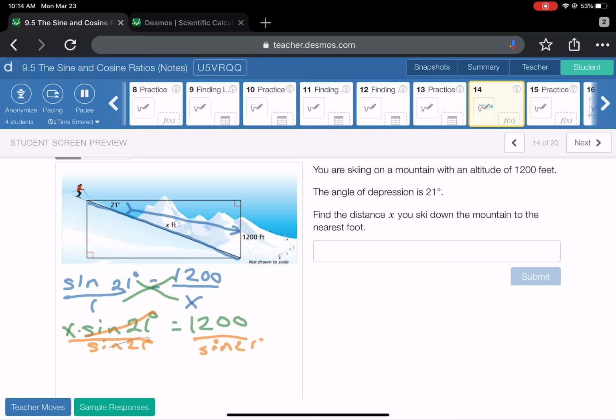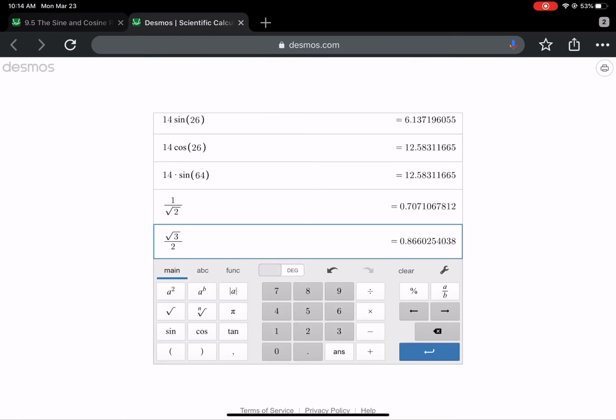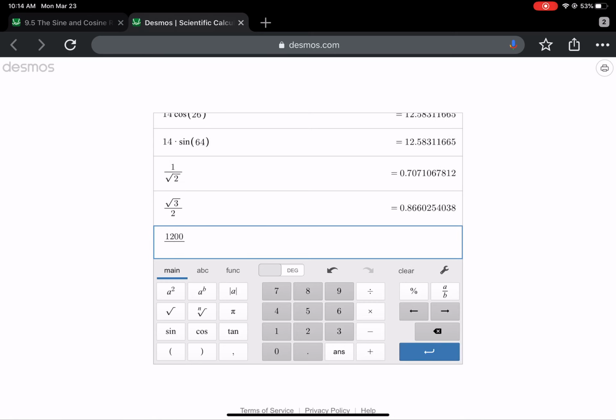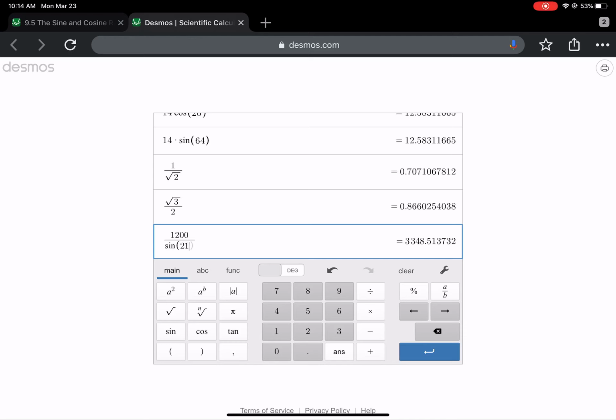That's going to give us x is equal to 12,000 divided by the sine of 21. All we have to do is put that into the calculator to get our value. 12,000 divided by the sine of 21 degrees, and we're going to get 33,485.17, and so on.